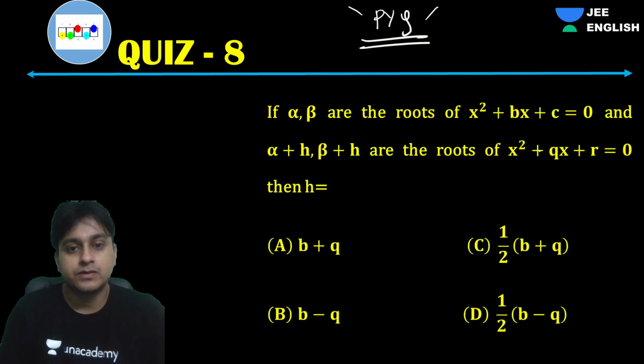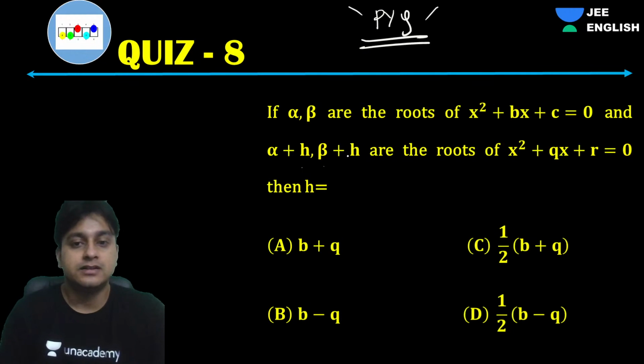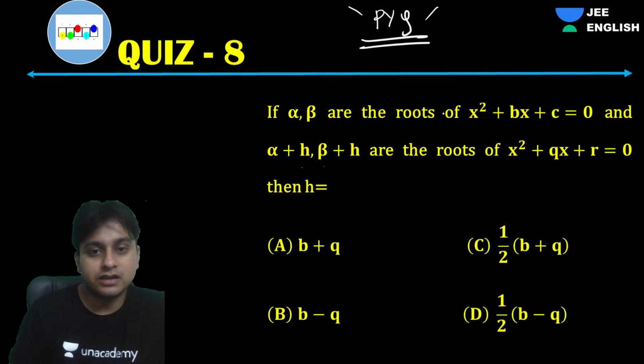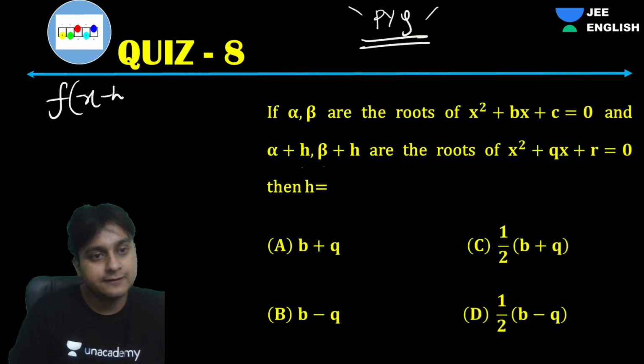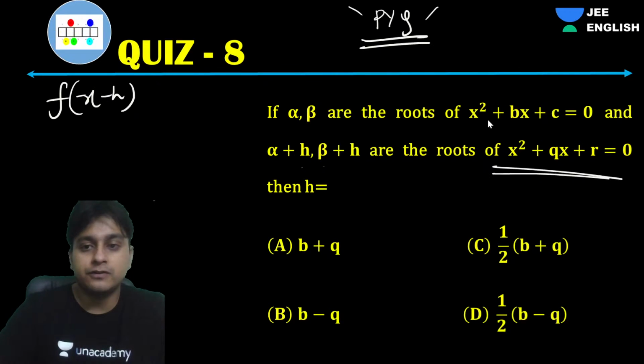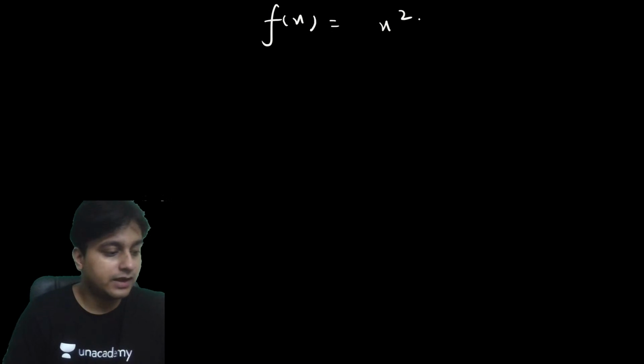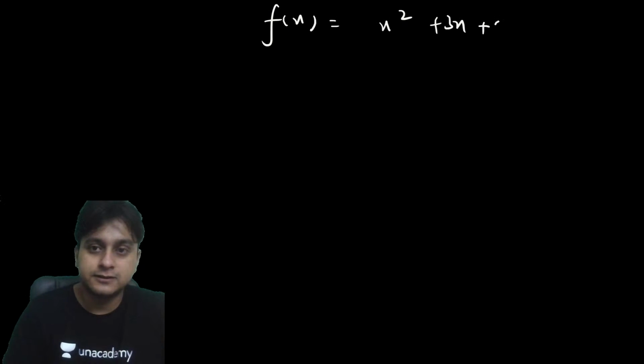Very good. So guys, as I told you, this is the transformation of roots question. Alpha plus h and beta plus h, right? So what we will do, we all know that the transformation will be f of x minus h, right? So this will be the transformed equation. Let's suppose f of x equals 0 is x square plus bx plus c equals 0.